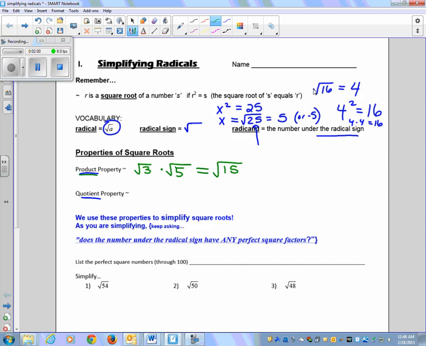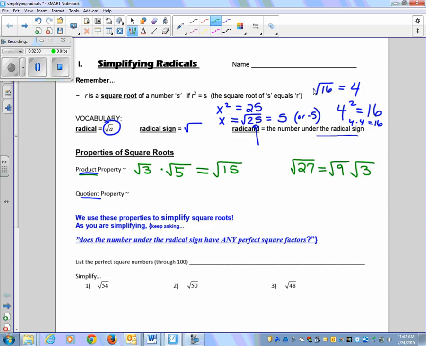So if you think about that in reverse, if you have a big number like the square root of 27, you can write that in a broken down form, like the square root of 9 times the square root of 3. Okay, so the product property is going to help us with simplifying radicals in a minute.